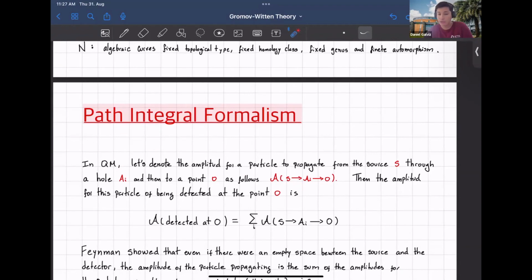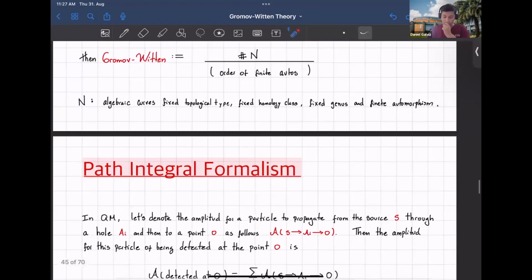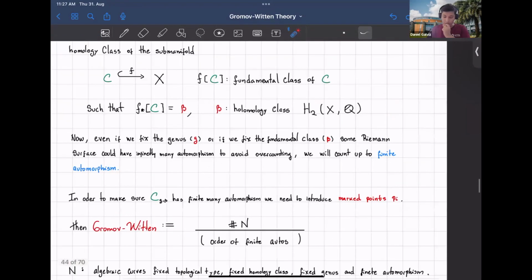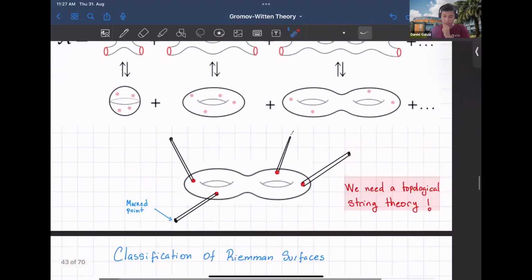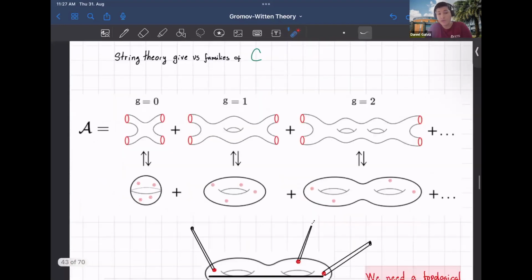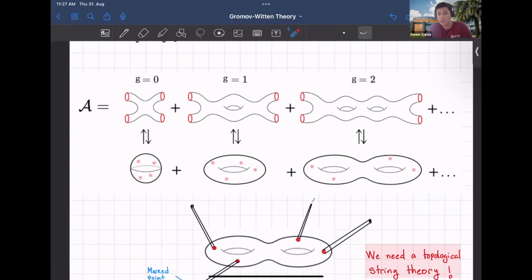Okay, so I see a question in the chat. It says, why do you need topological string theory? What if it's not topological string theory? Okay, so you need a topological string theory in order to make sense, because if you don't have one, then you have to count each of these infinitesimal deformations as a separate integral. When you do a topological string theory, you really don't care about the geometry.